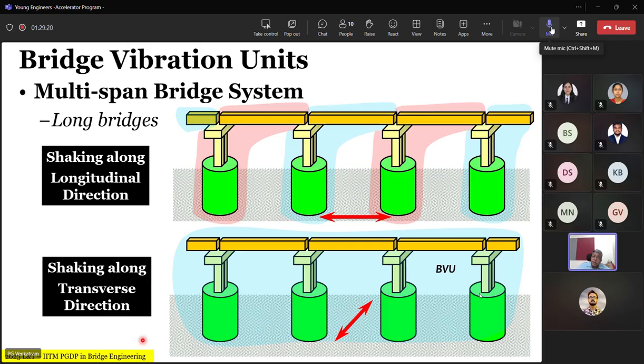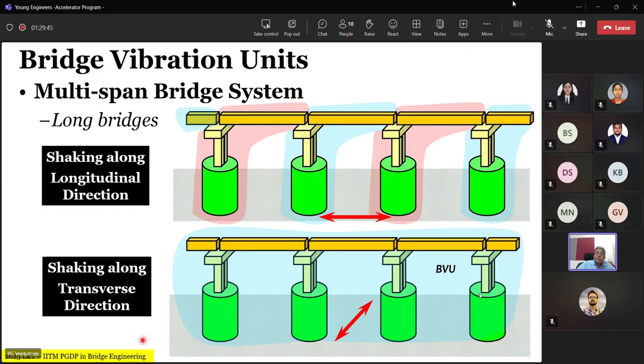No, the arrangement is this. Even for this structure itself, for long bridges, is there any circumstance in which we can avoid treating the full bridge as a single vibration unit? Don't change the articulation, because then you are changing the bearing arrangement itself. This is the bearing arrangement. This is a long bridge.